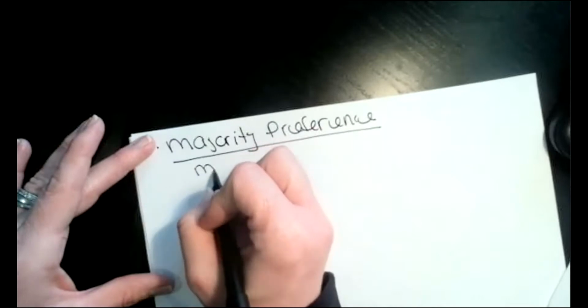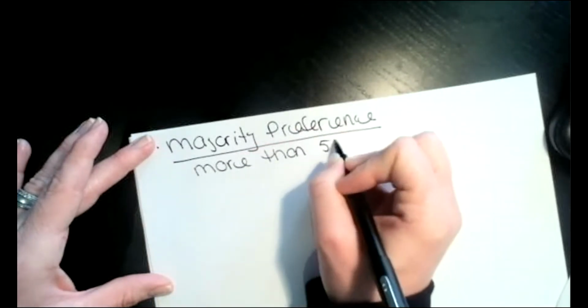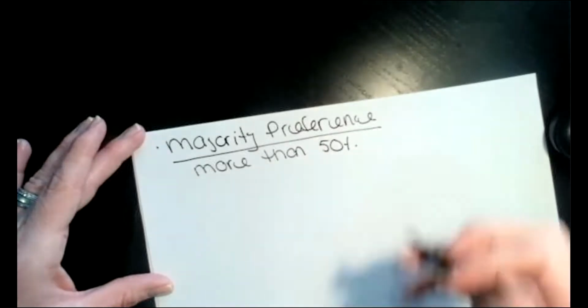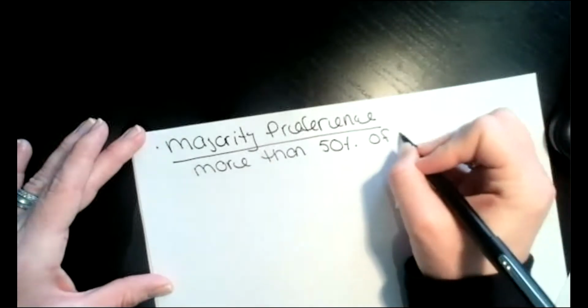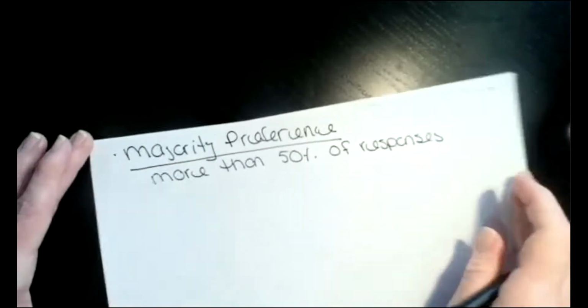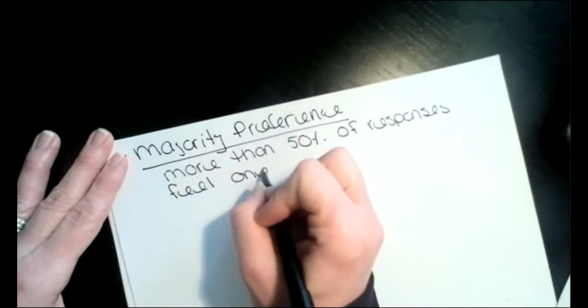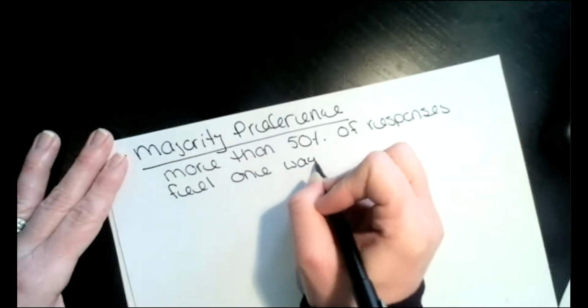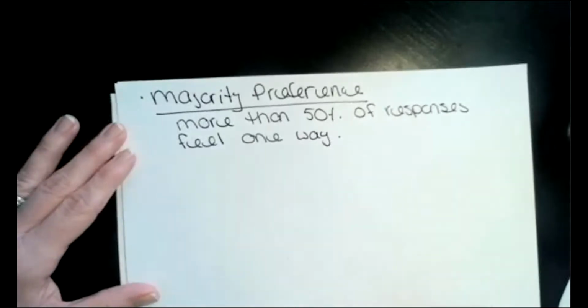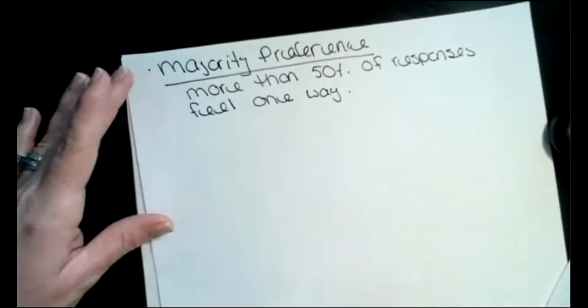This means that more than 50%, so majority rule, of responses feel one way. So meaning not a right or wrong, but just that the majority of people said yes, or the majority said no. That's what we're looking at.